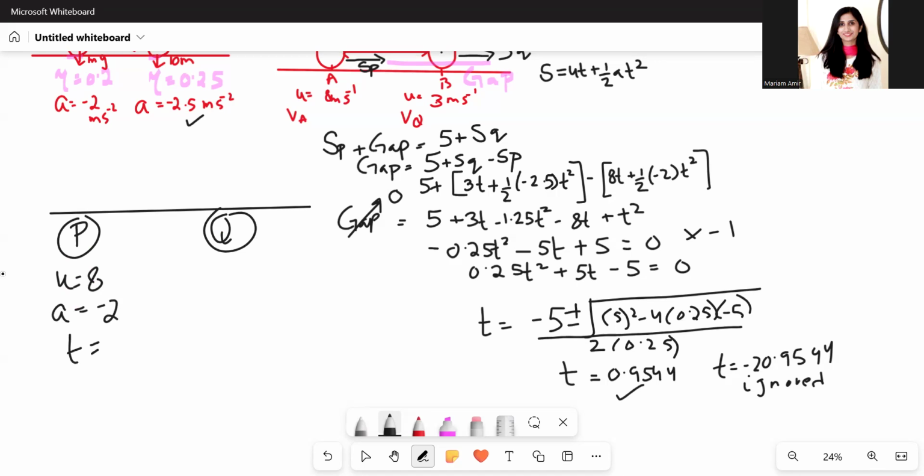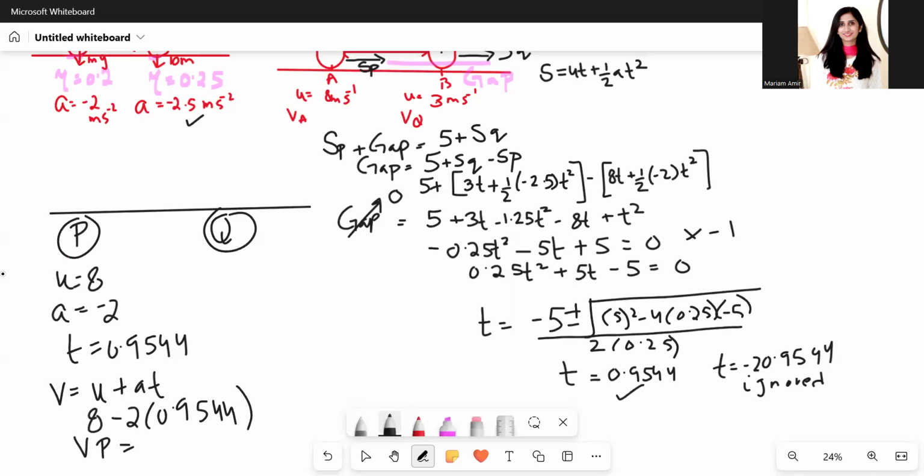Now we have time 0.9544, and we will find v using v equals u plus at. So 8 minus 2 times this answer gives 6.09. So this is the final speed of particle P.